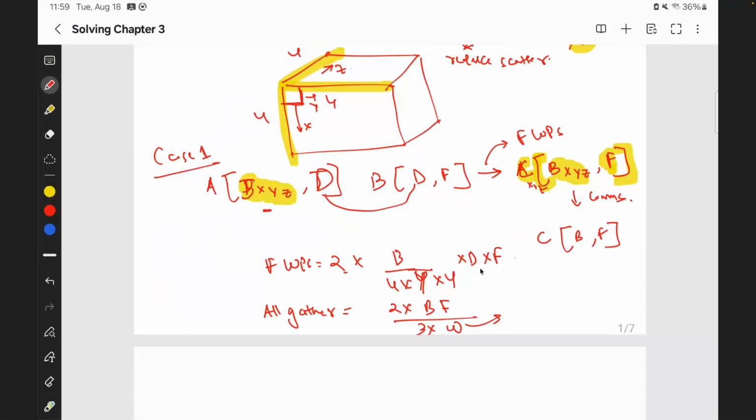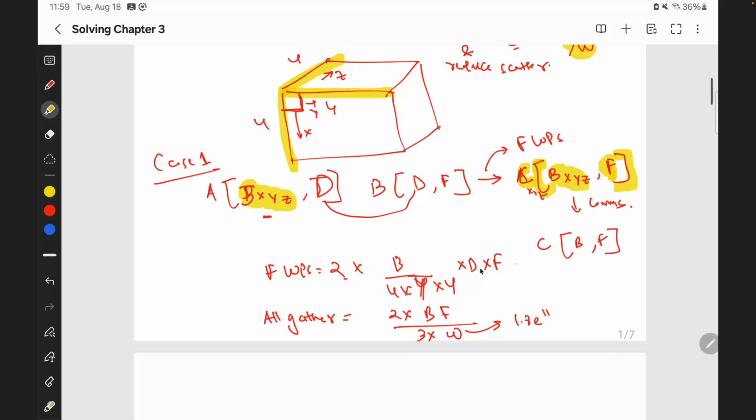And if I take that, the bandwidth here is 1.8 into 10 to the power 11. So this 3 comes from the fact that you have sharded across 3 axes. All gather across the 3 axes can happen simultaneously. You don't have to wait for one axis to complete and then move on to the next axis.